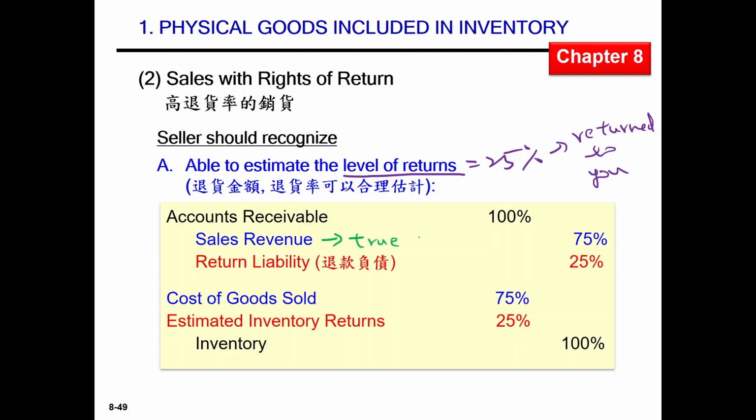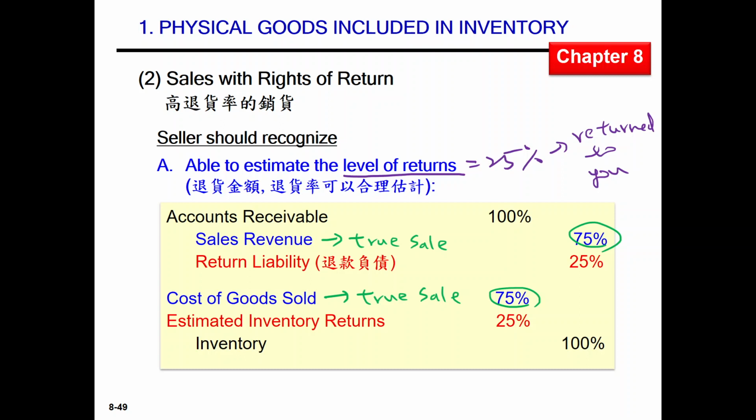For my true sales, the related expenses are also only 75. 25 will return back to you. So in accounting, we just record the true situation, right? I record that I earn revenue of only 75, and the related expenses are 75. Any questions for this part? No problem? Okay.